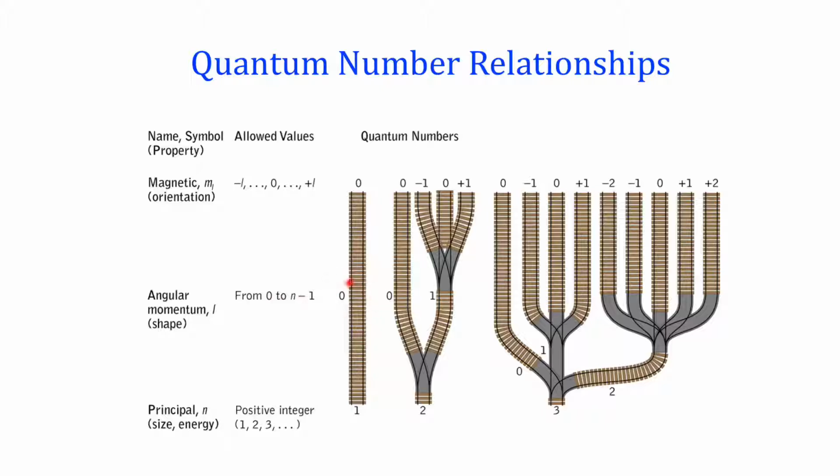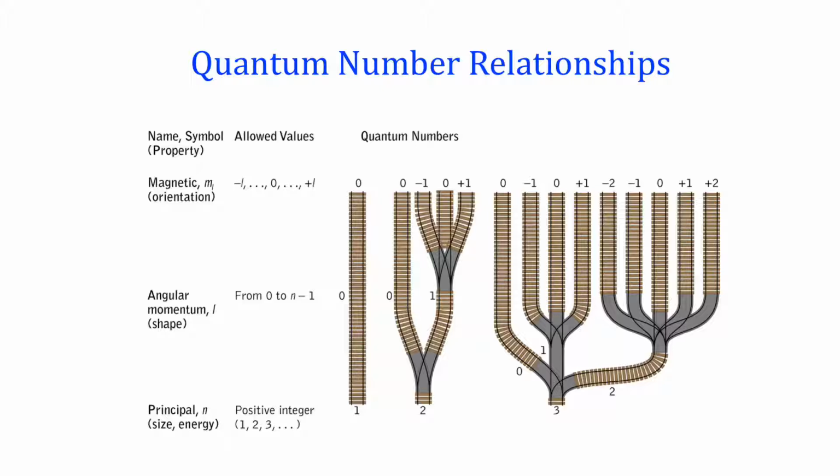So we only get one option there for l, based on our limits. If l is equal to 0, that only gives us, based on our limits for m sub l, the one option of 0 for m sub l. So a nice simple track for the n equals 1 situation.